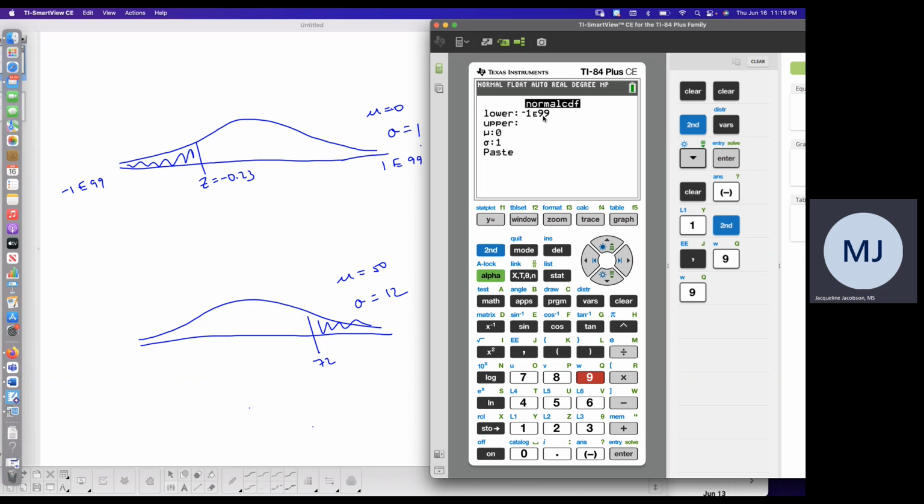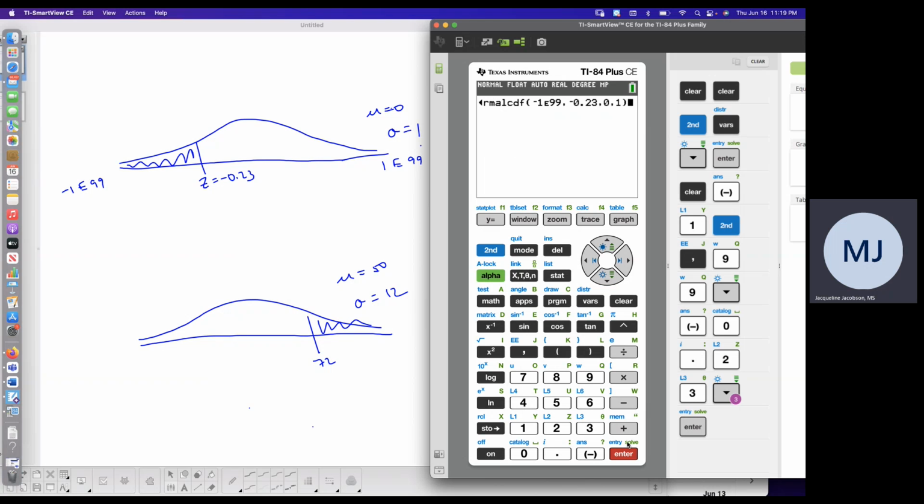So this is -1E99, -1 times 10 to the 99, a very, very small number representing my negative infinity. My upper bound for this scenario would be this z-score of negative 0.23. And then my mean, since it's standard normal distribution, is 0. My standard deviation is 1. Leave that and then enter.